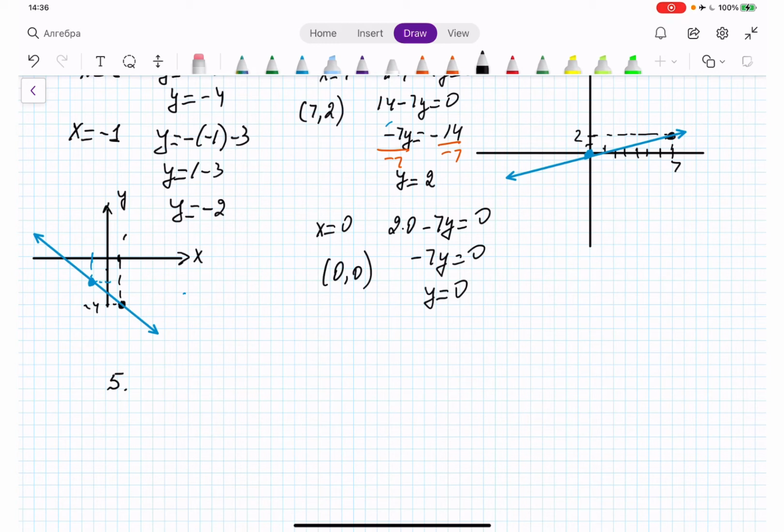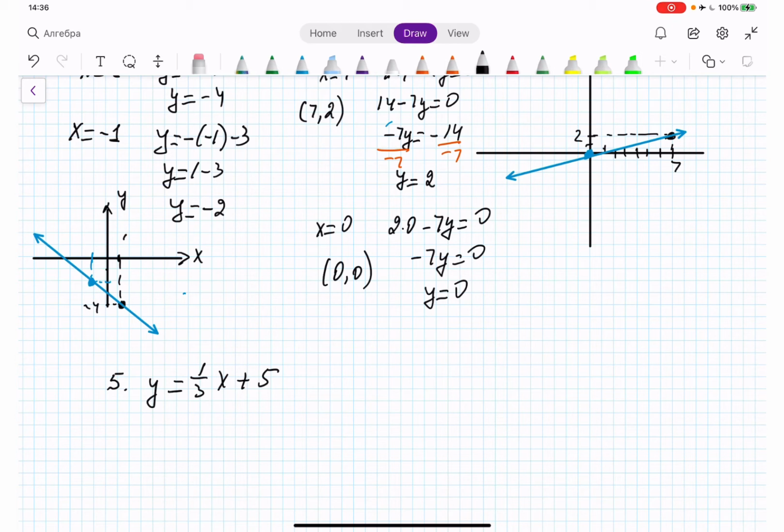So everything in this video we're going to use points. So first method, points. Okay, y is equal to 1/3 of x plus 5. Okay, I'm going to do the easy way.